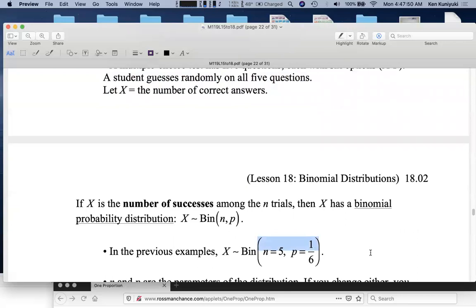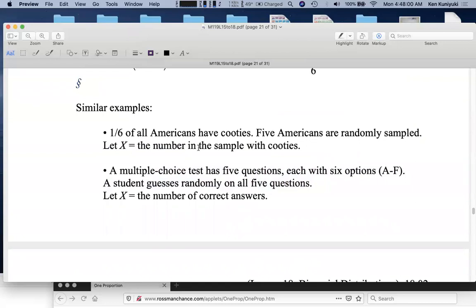We roll 5 dice and we count the number of fours. X, the number of fours we get, has a binomial distribution, n equals 5, p equals 1/6. In the cooties example, n equals 5 Americans, that's the number of people in our sample, the sample size, 1/6, that's the probability that any given American has cooties. On this multiple choice test, n equals 5 questions, P equals 1/6, because each question has 6 options and the student guesses randomly.